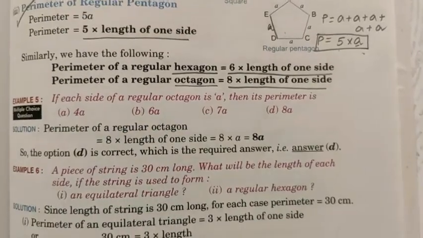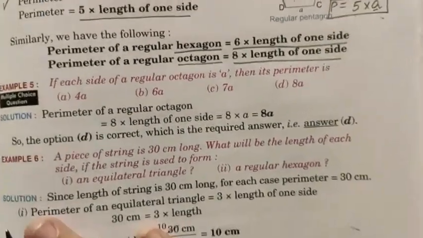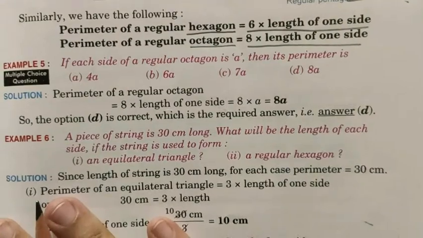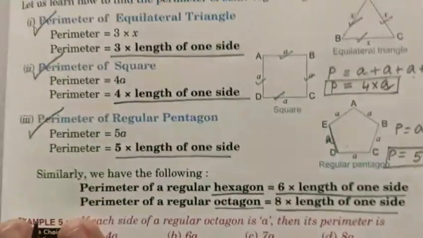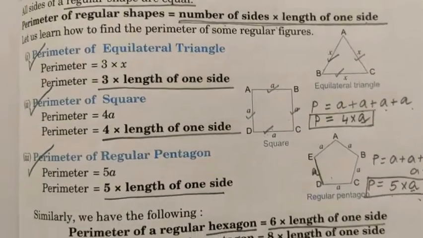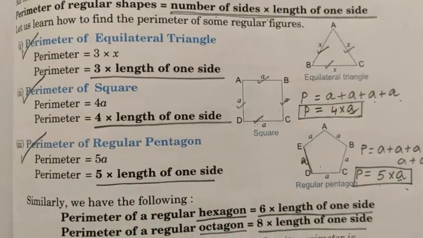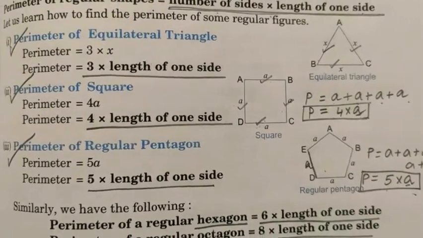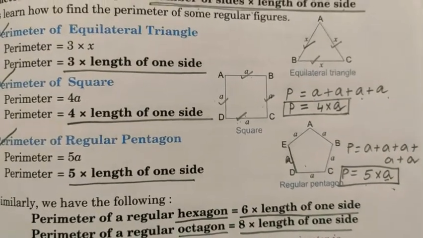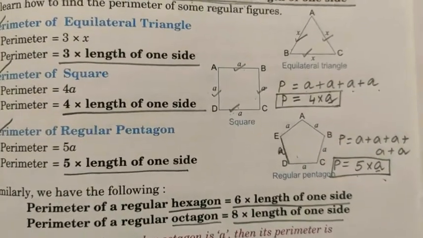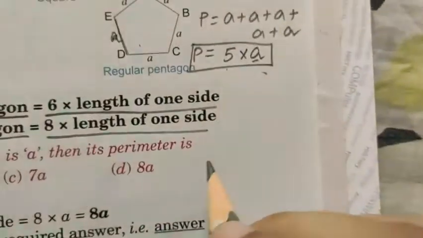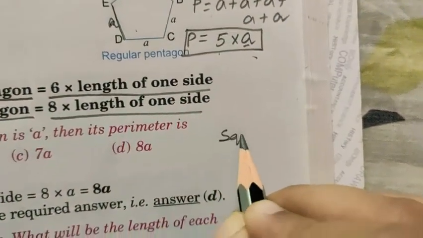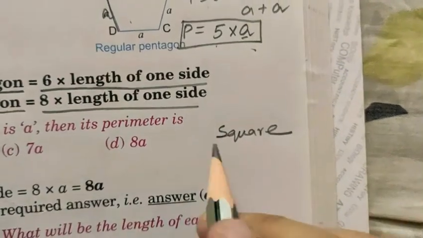Now one thing I will tell you, if you are given the perimeter of any regular shape, right? Here we saw that the length is given and we have to find the perimeter. If it is the opposite, that is, the perimeter is given and we have to find the length, then let me explain with a square.